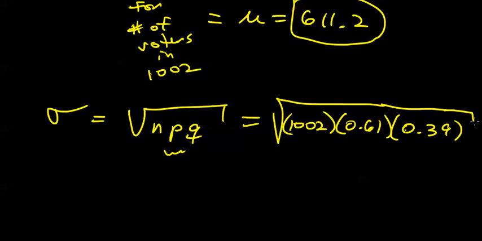All right, so I grind that out on my calculator. Let me make sure I'm crunching this out here. 1002 times 0.61 times 0.39. And the square root of that mess, I get 15.4.